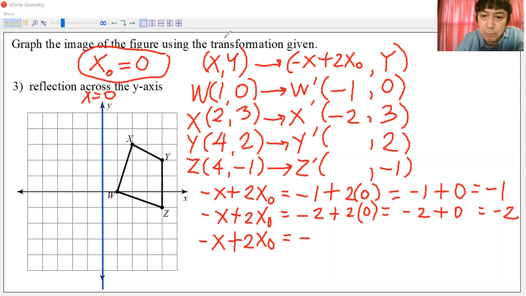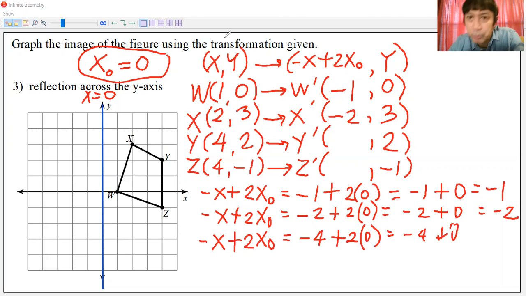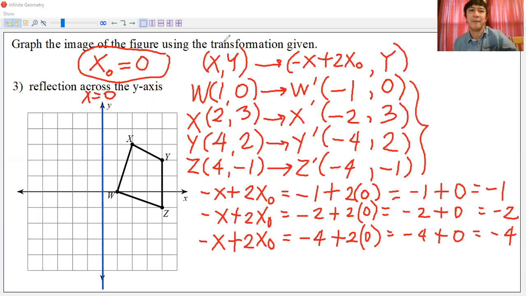So we have a negative of the 4. Plus 2 times 0, we have a -4 plus 0. Okay, let me write that clearly. That's plus 0. It's a negative 4. There. Now for point Z, the x, notice it's just another 4. So that means if we compute, that will be another negative 4. And we're done.